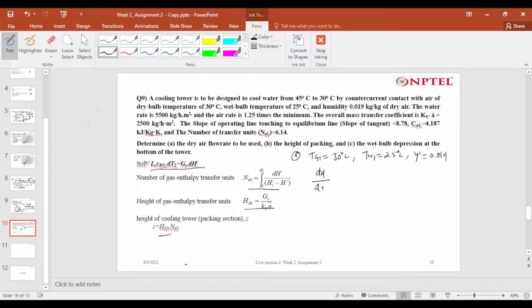Gs into delta H is equal to L Cw delta TL divided by... Now, this is the operating line. Sorry, this is the equilibrium line.